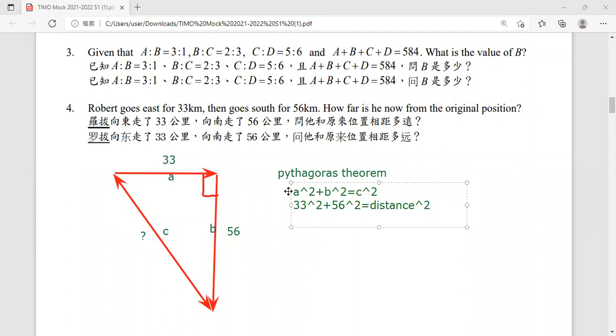Adding up, 56 squared, 56 times 56 is, okay, I got it. This is 4225, which is equal to 65 squared. So the distance is 65 kilometers.